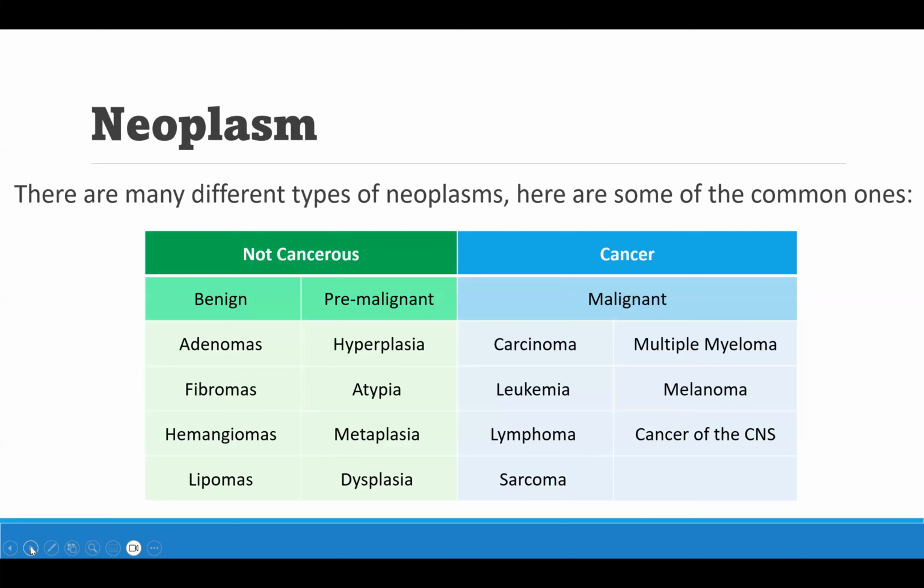There are some terms that when you see them, you are going to instantly know that there's a malignancy, and you should be proceeding with your coding process. Carcinoma, leukemia, lymphoma, sarcoma, multiple myeloma, melanoma, cancer of the CNS, central nervous system.